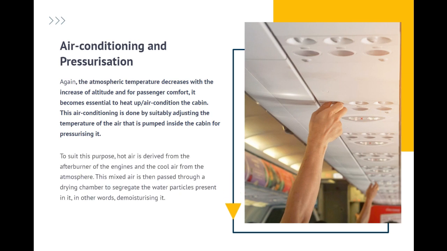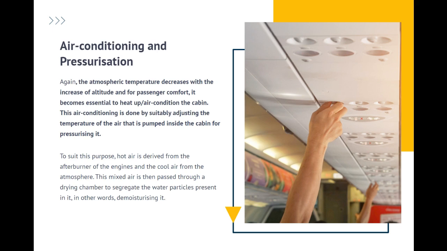Again, the atmospheric temperature decreases with the increase of altitude, and for passenger comfort, it becomes essential to heat up or air condition the cabin. This air conditioning is done by suitably adjusting the temperature of the air that is pumped inside the cabin for pressurizing it. To suit this purpose, hot air is derived from the afterburner of the engines and the cool air from the atmosphere.